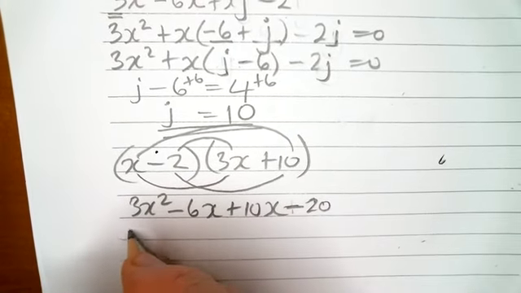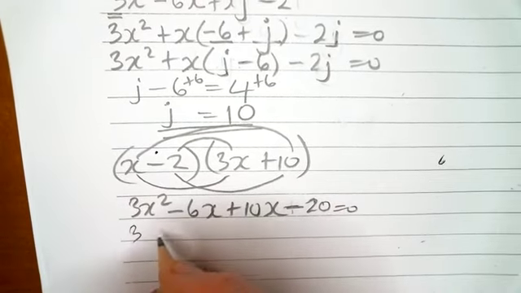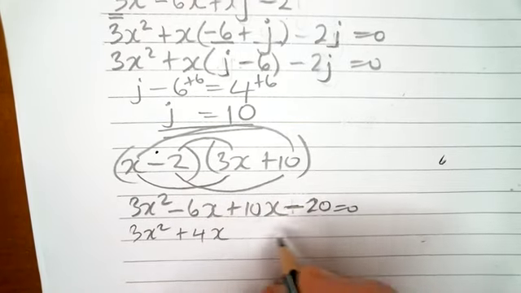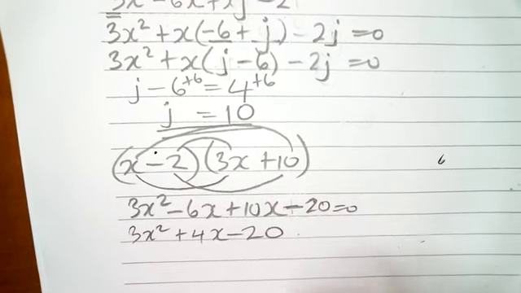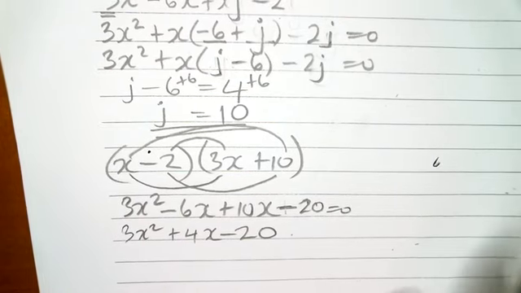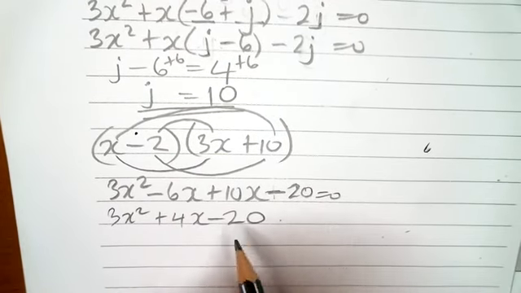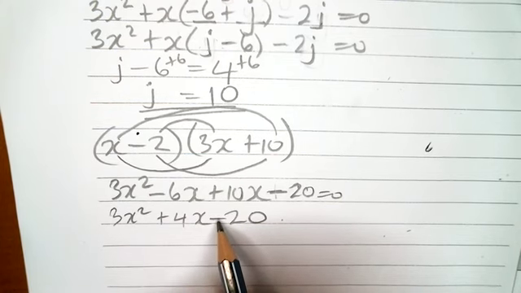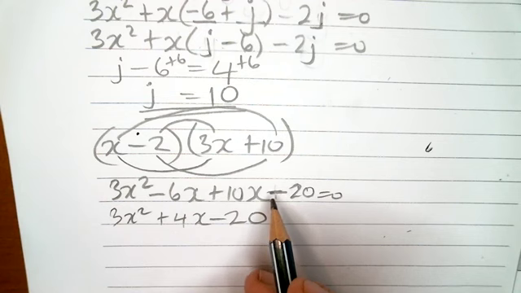So we've got the actual equation, and this all equals 0, is 3x squared. We know this is going to be plus 4x. This is minus 20. So now we've got a number of things here. So we've found, therefore we can say k is going to equal negative 20. So let's say k is equal to, have I got negative? Why have I got negative there? Signs have got to be different.